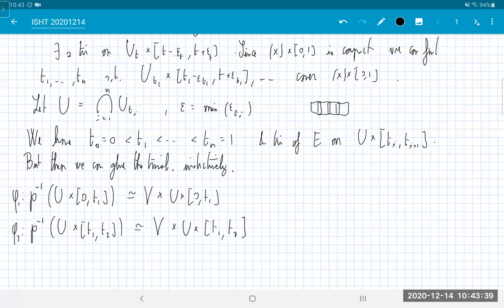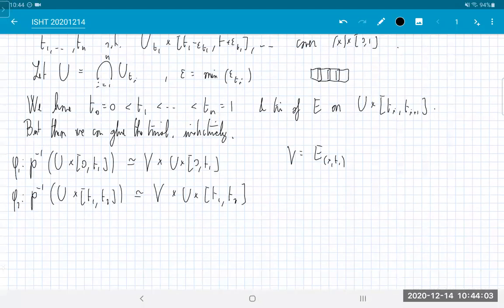And the V needs to be the same because you can check on a fiber over a point, say (x, T1). I can take V to be the fiber over (x, T1), since V is isomorphic to all fibers, I can identify them.